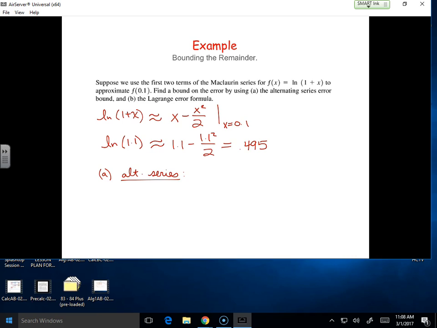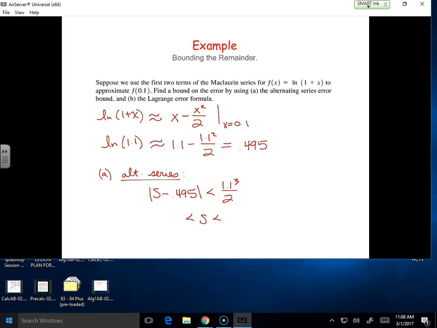Alternating series says that this approximation, 0.495, so s minus 0.495, has to be less than 1.1 cubed over 2. Exactly. Because remember, we're doing the next term. So the next term in the progression, the absolute value, well, it's positive anyway. So then what would our actual sum fall between?